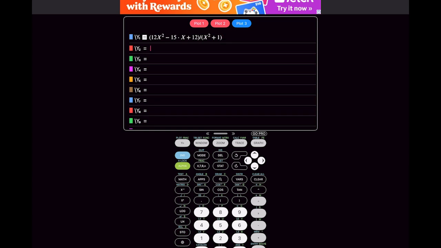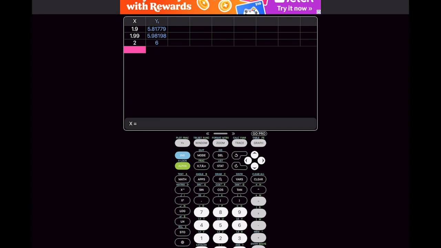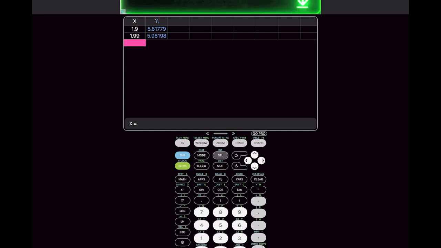Okay, hit enter. My table, we're assuming, is already set up. If it's not, go to second window and make sure your independent variable says ask. Then we're going to go to second graph, which takes us to the table, and I'm going to delete these values.